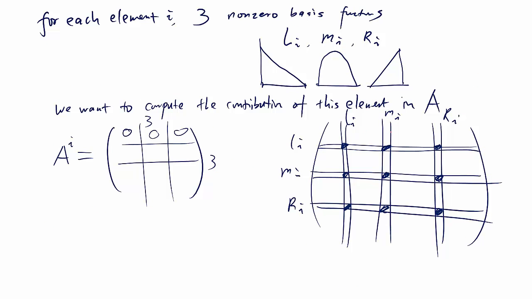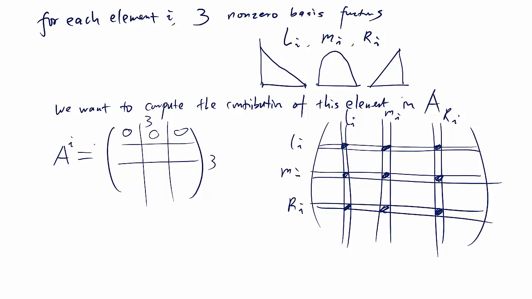So basically the matrix can be split into still big matrices, but with the contribution from each individual element. And this A superscript i is the contribution over the ith element.